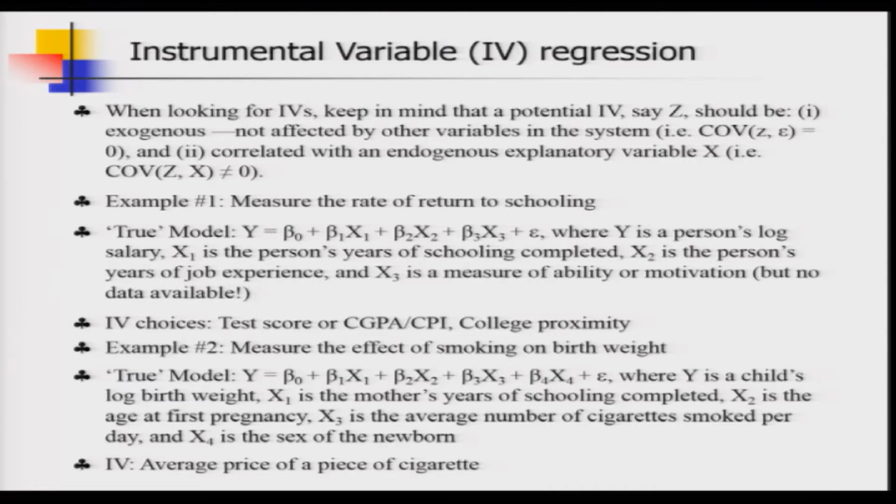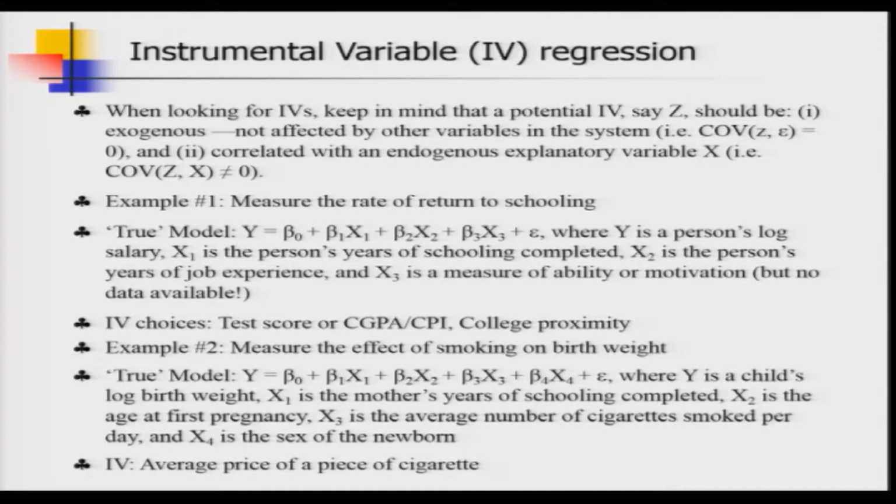The beta 1 coefficient gives you a measure for return to schooling, because it is a marginal effect, right. So, it tells you that if a student spends one more year in school, then how much it is going to increase their log salary. So, in a way it is a return to schooling measure.